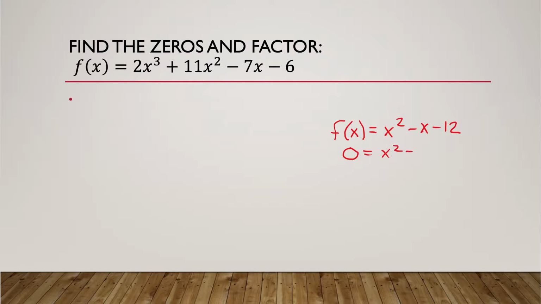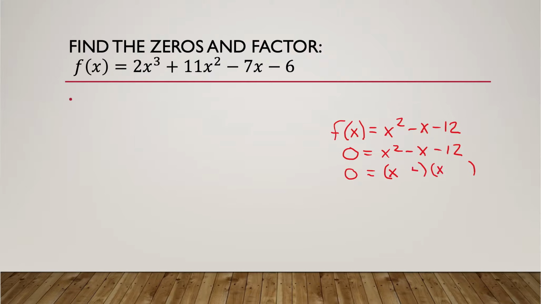And then once we did that, we would factor what we have on the right-hand side. And note that what we have, the x squared minus x minus 12, is a quadratic, so it's fairly easy to factor. So we would have x and x for the x squared.